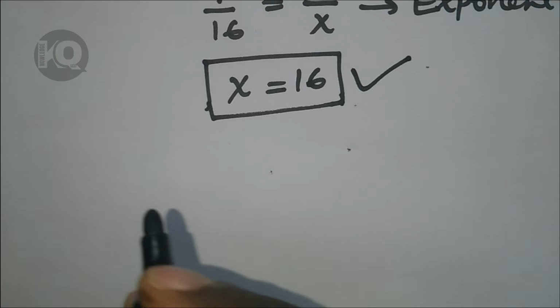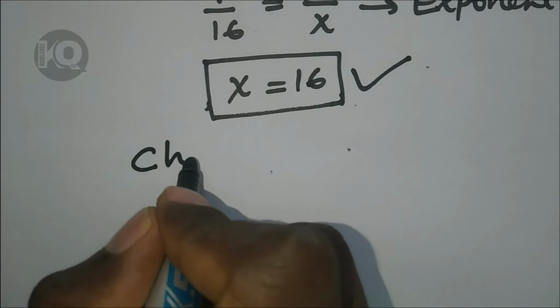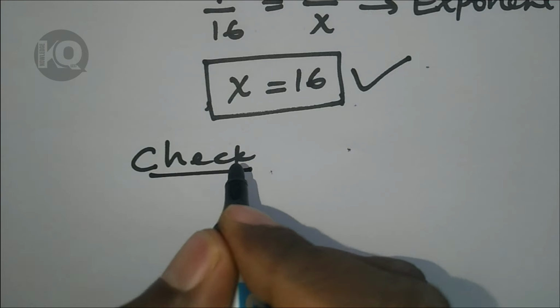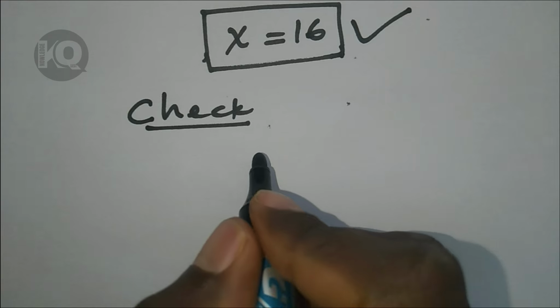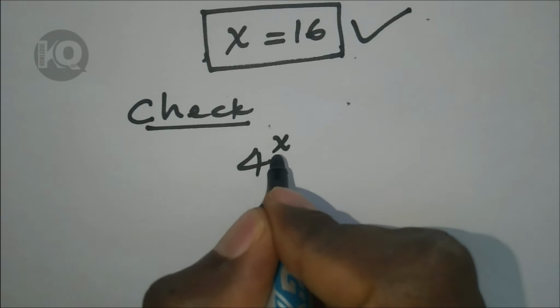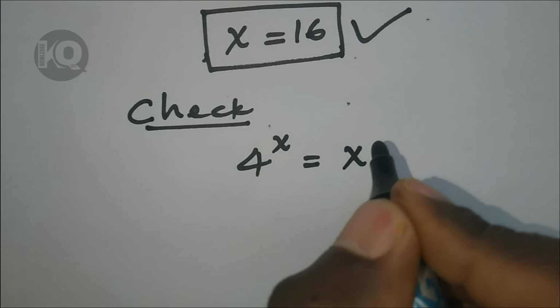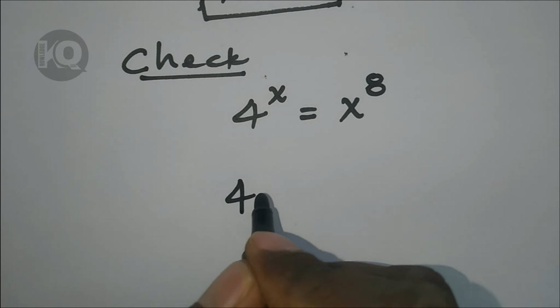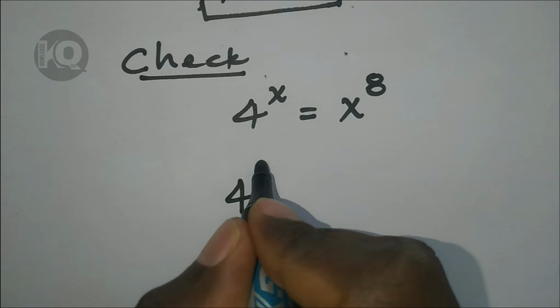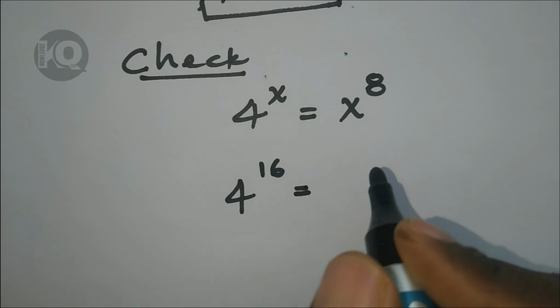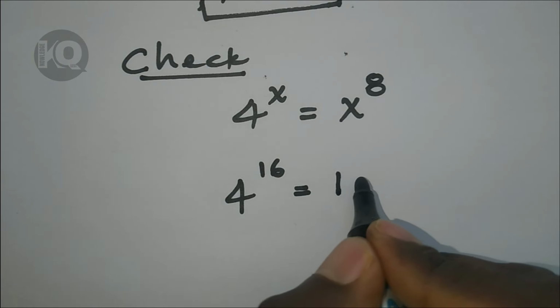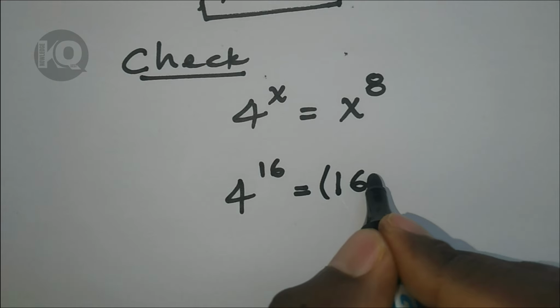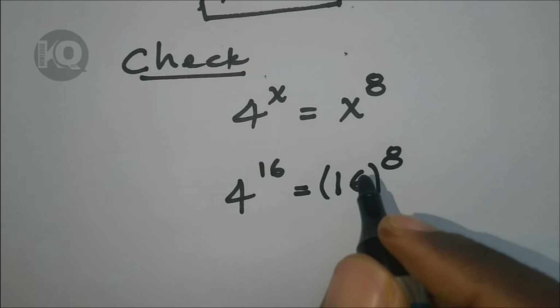Now let's check whether it is the correct answer or not. So from my problem, 4 raised to x equals x to the power of 8. Now the value of x is 16, so 16 raised to 8.